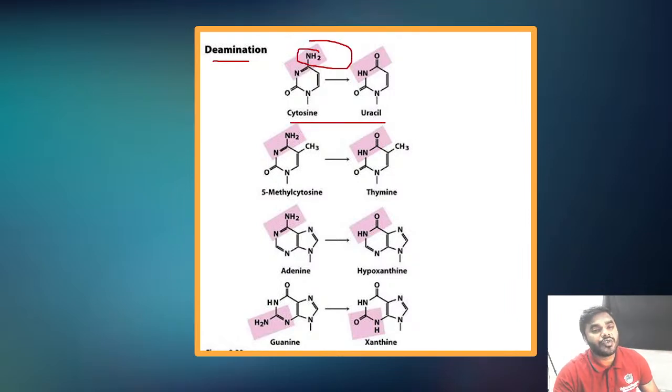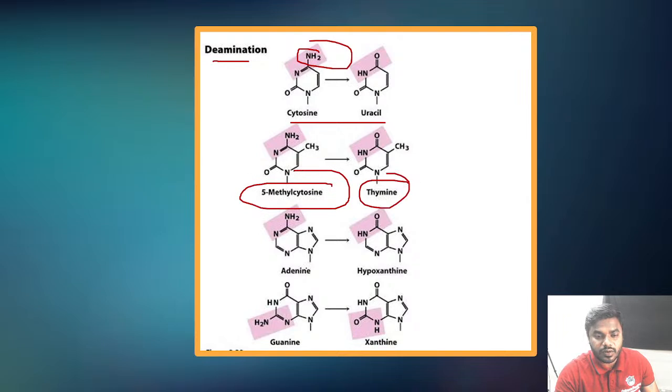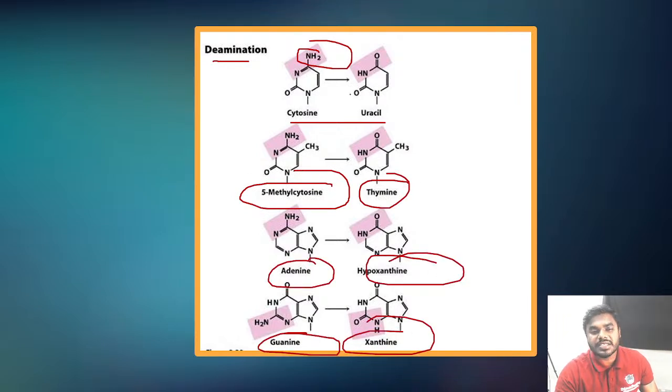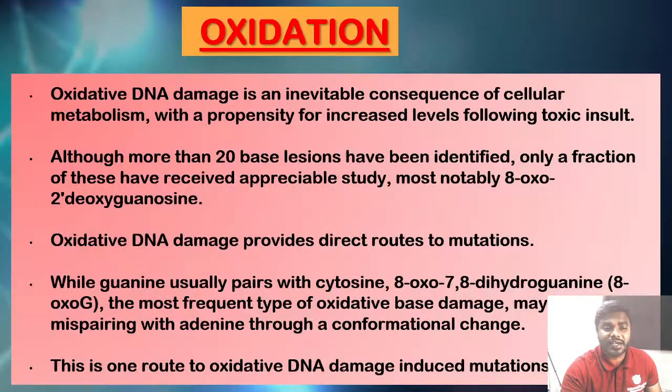I told all of you, you have to remember all this without fail, because in the part B question, and even in the part C question, we can expect it in the form of a matching. Deamination of which base is converted into what? So it's very important, you have to remember. Then 5-methyl cytosine is converted into thymine, adenine is converted into hypoxanthine, guanine is converted into xanthine. Please try to remember.